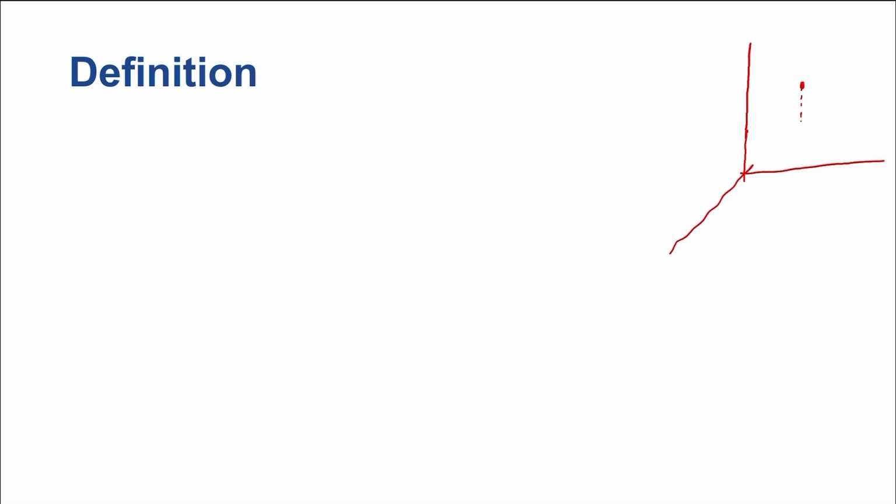This has components x, y, and z: a z component, an x component, and a y component. And we're going to draw a line to it. The magnitude of this vector we are going to call rho.